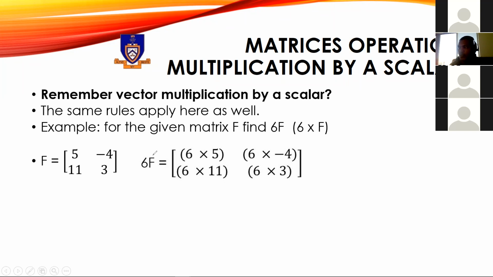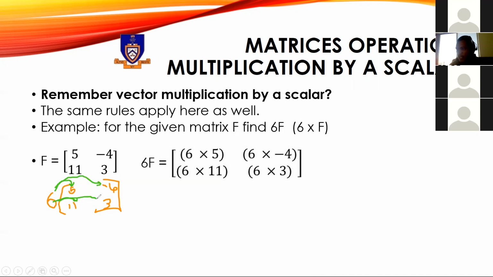So we said that if you have something like this, you can also write it down like this. Let me just sketch quickly. Minus 4, 3. We said that the 6 will be outside, right? And if this is the case, the 6 will multiply the first element of the vector, and it will also multiply the second element of the vector. But in this case, there are also other elements, so the 6 must also multiply the other elements.